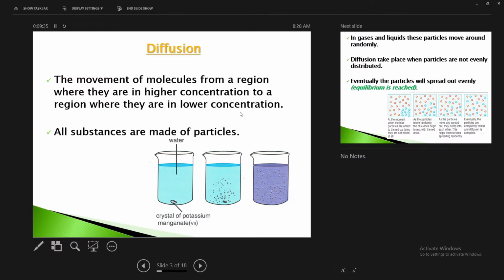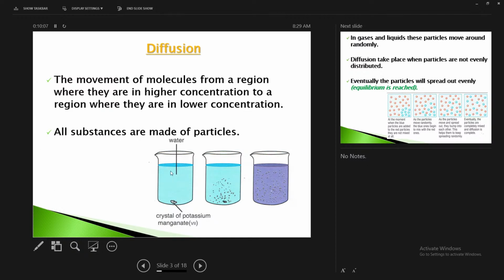Now, the image is showing a crystal known as potassium manganate. It has a purple color. We have some of them at the school in the science lab. So if it was a face-to-face class, we would have done the simple experiment just to give you an idea as to how the process of diffusion takes place.